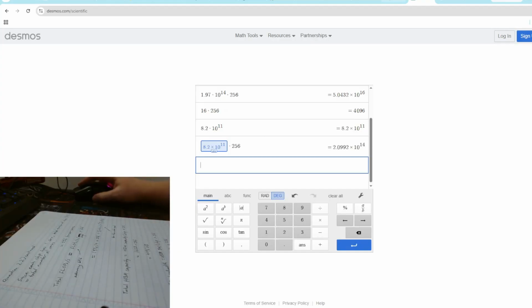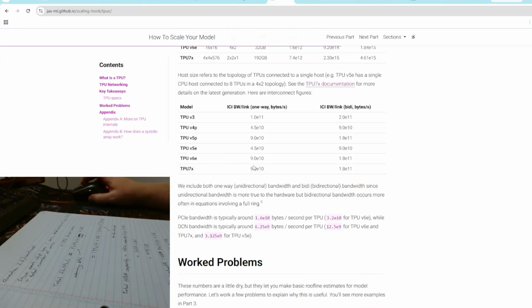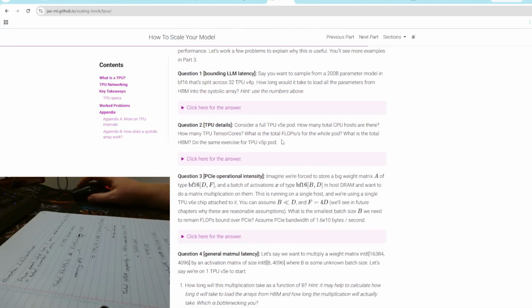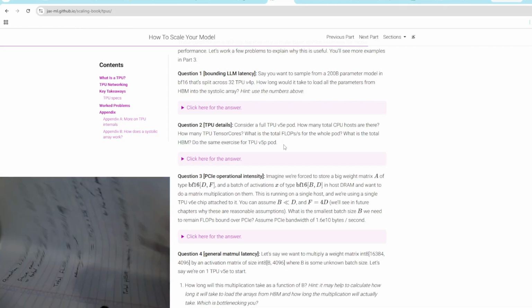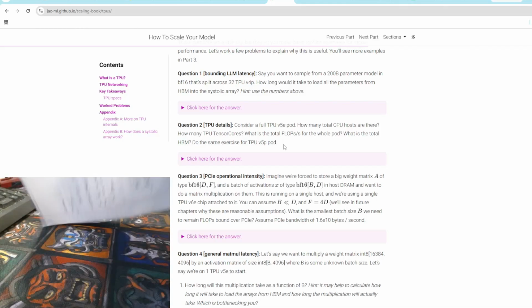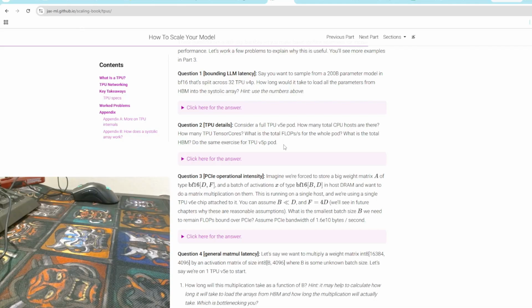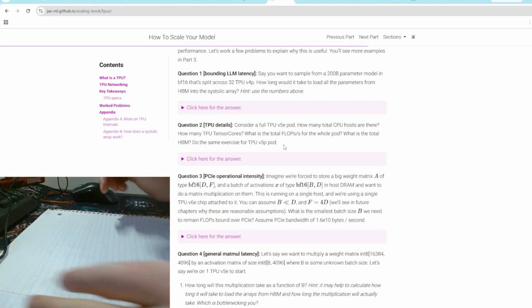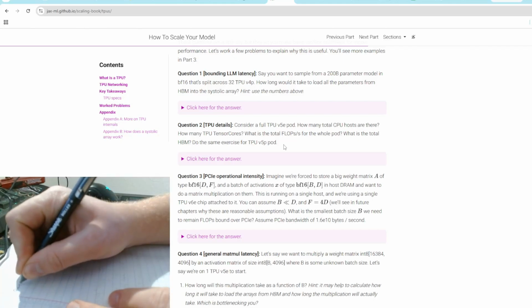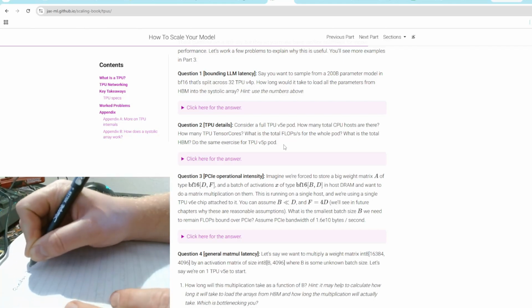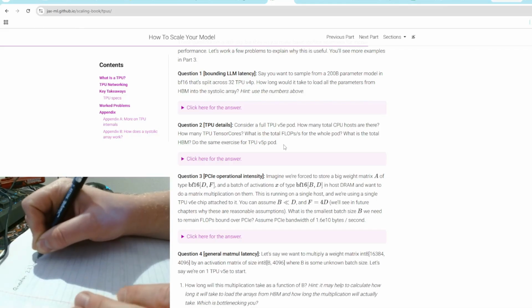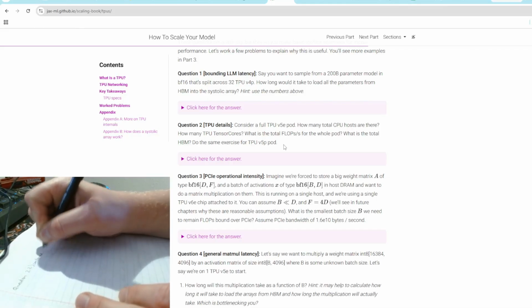Alright, that should be everything. Let's see how we did. Just make sure that, oh, I need to do the same exercise for the TPU V5P pod. Alright, let's do this again. Question 2.2 continued.